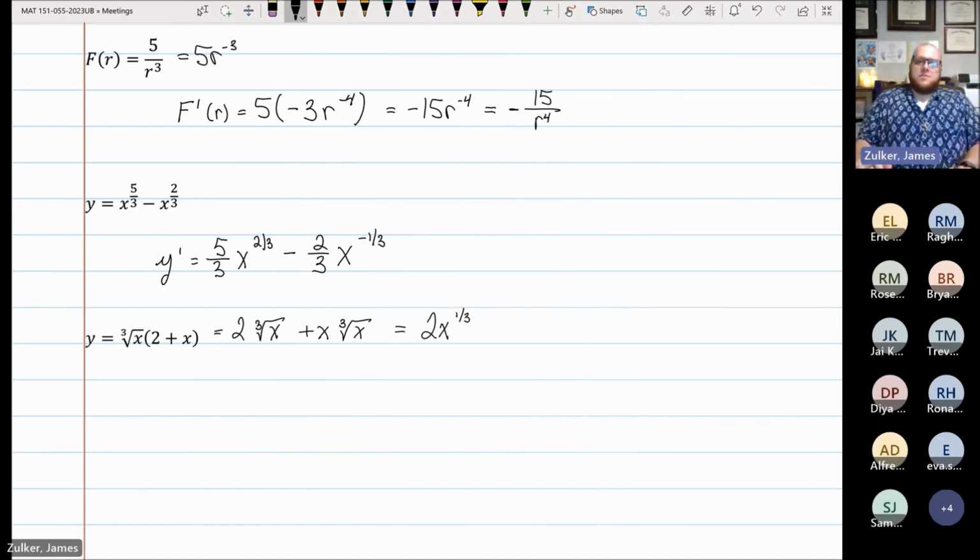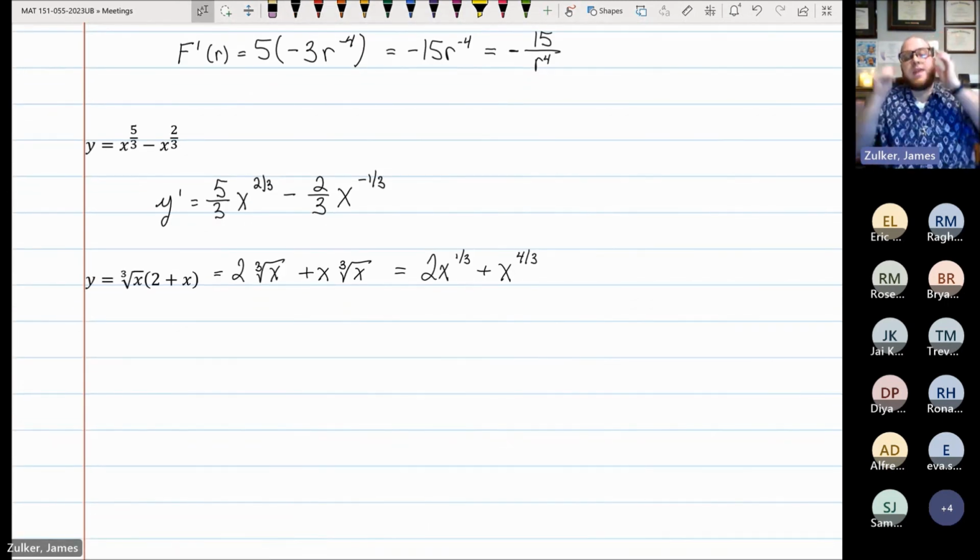Well, cube root of x is x to the 1/3 power. We can then write this function as 2x to the 1/3 plus x to the 4/3.